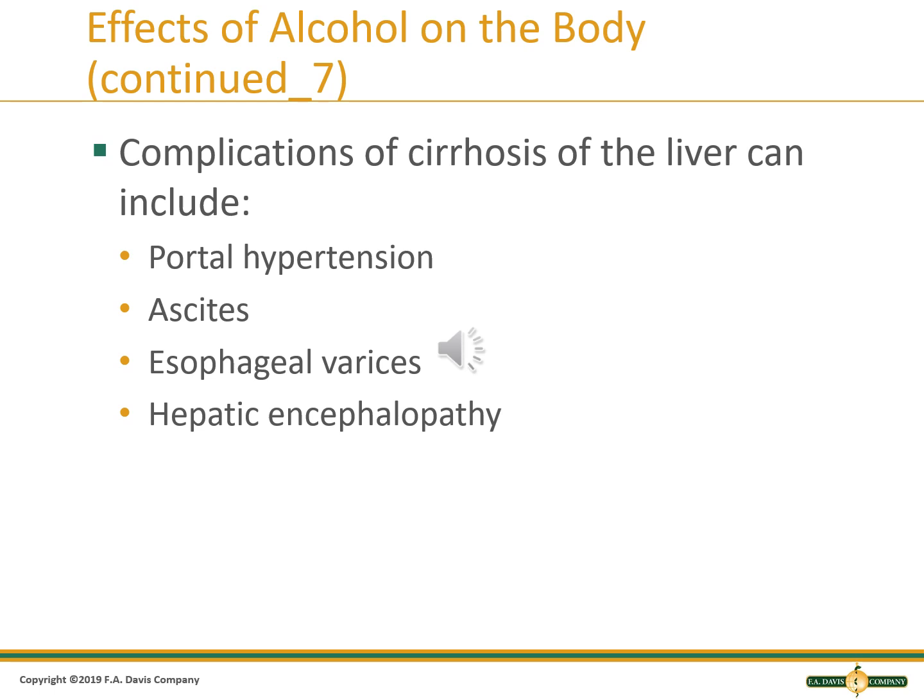Then you have esophageal varices, which are distended veins in your esophagus. These veins may rupture, causing hemorrhage and sometimes death. They become distended due to the poor portal circulation related to the sclerotic liver.